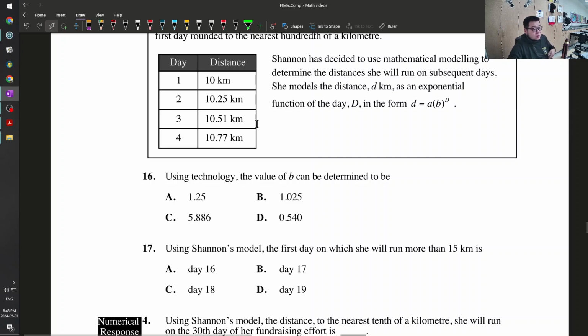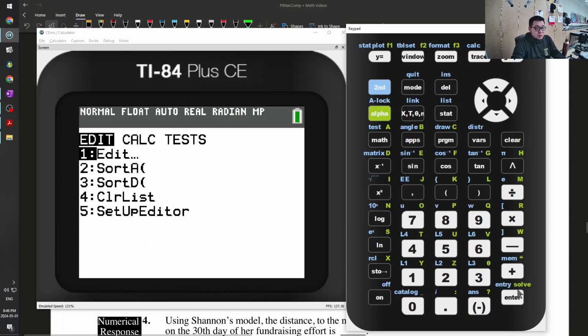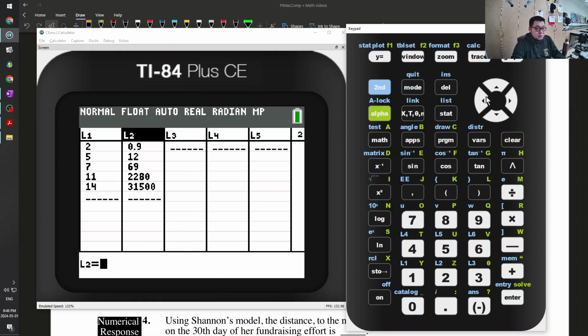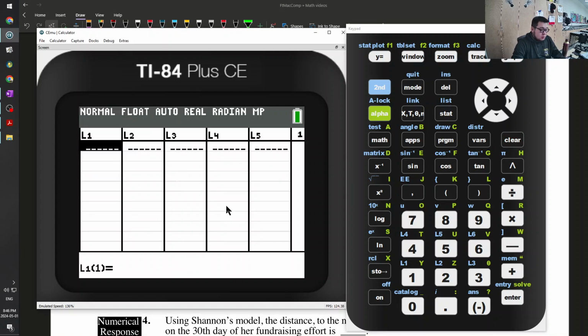Okay, so again, regression: stat, edit, clear these lists. Okay, so let's go 1, 2, 3, 4, and then 10, 10.25, 10.51, and 10.77.